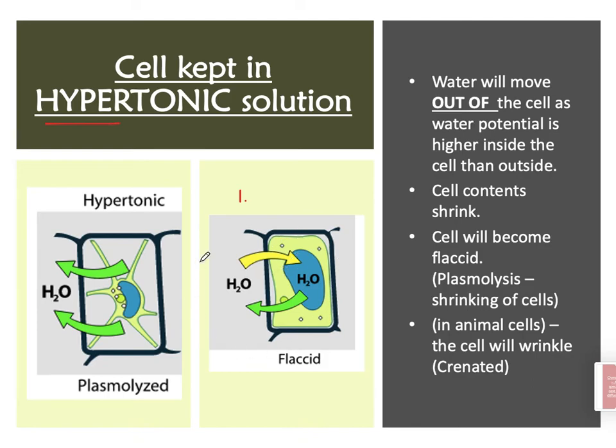The cell is kept in a hypertonic solution. There is more solute outside, less water outside, and more water inside. So what will happen? Again, movement in both directions is going to happen, but more water will go outside in comparison to less water coming inside. So what is happening? Three arrows are taking water out while one arrow is bringing water in. So the cell is ultimately going to lose water.